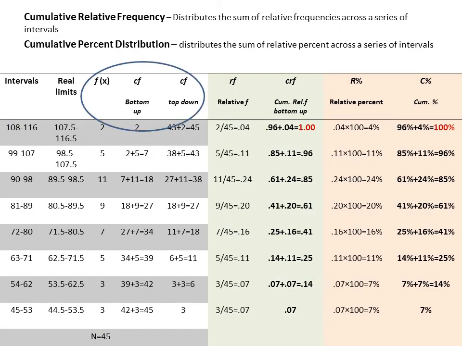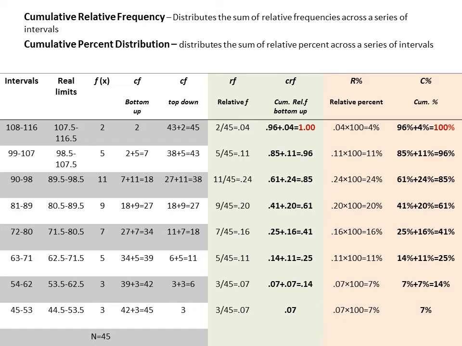In simple frequency distribution and a cumulative frequency distribution, we distribute frequency counts. In relative frequency distribution, we distribute the proportion of scores in each interval. In relative percent distribution, we distribute the percentage of scores in each interval.